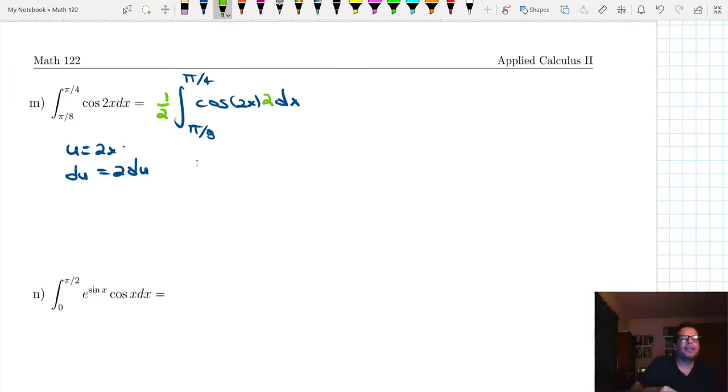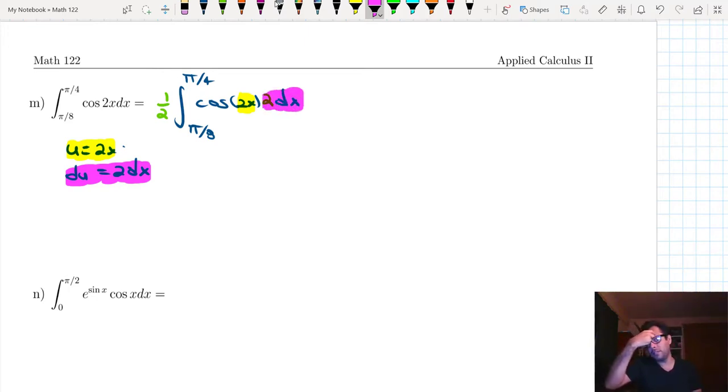However, when we do the substitution, let's see. So u will take the place of 2x, right? And du will take the place of 2 dx. Oh, by the way, this is supposed to be dx, not du. Okay. This is supposed to take the place of the u, right? So let's highlight this to the x, all right?